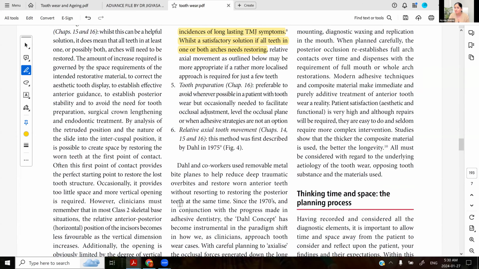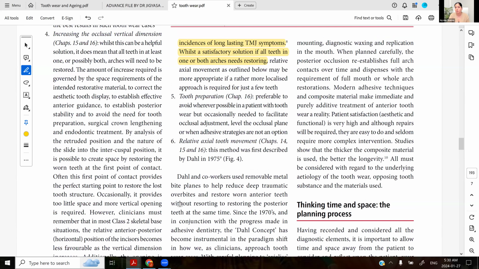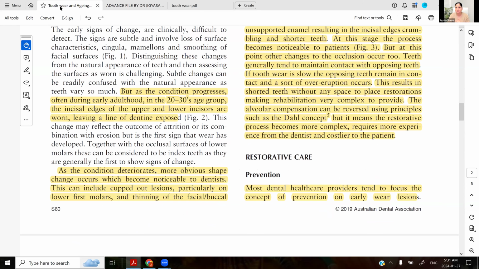So you can raise the bite, do not sacrifice more tooth structure, and you can still raise the bite without TMJ symptoms, right? Or you could involve orthodontics and cause the intrusion of the molars to gain the space if you don't want to raise the bite. Multidisciplinary approach. Does that make sense for everyone?